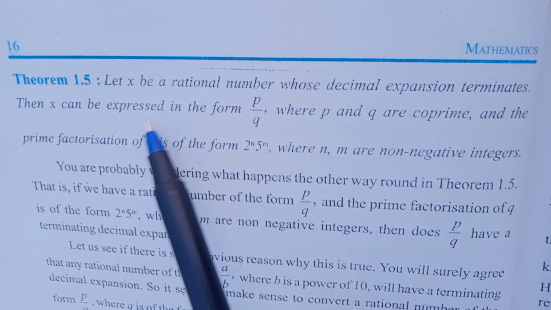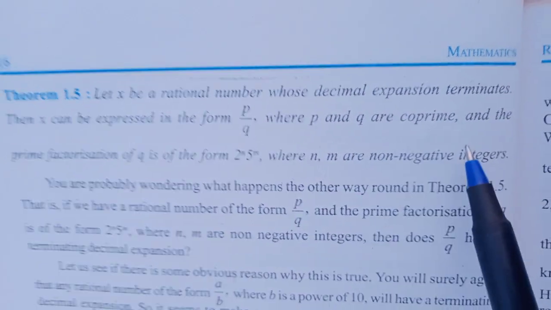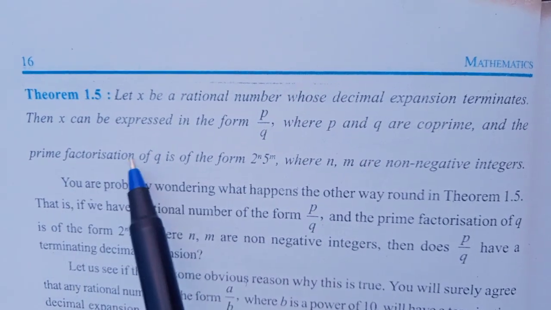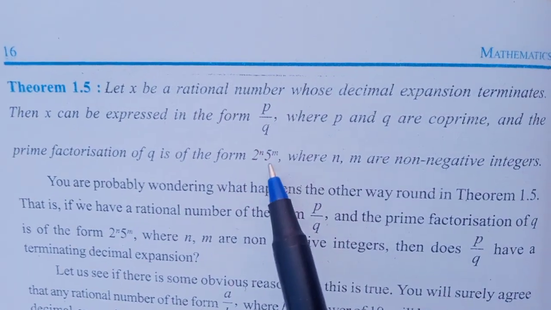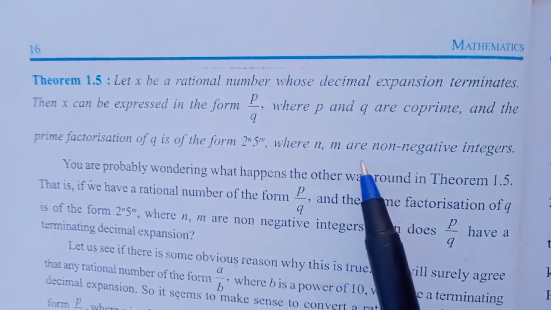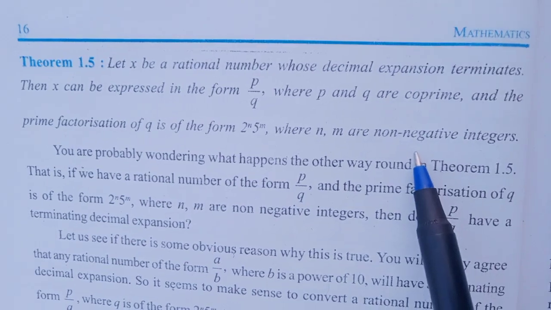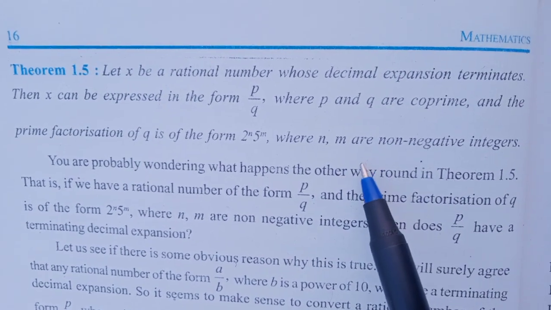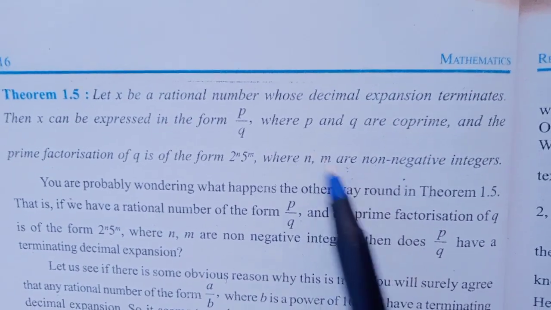Then x can be expressed in the form p upon q, where p and q are co-prime, and the prime factorization of q is of the form 2 power n 5 power m, where n, m are non-negative integers. Non-negative integers means 0 and positive integers, that is whole numbers.